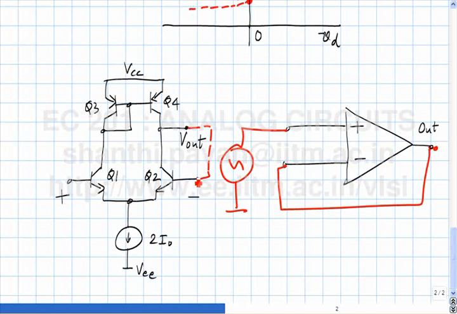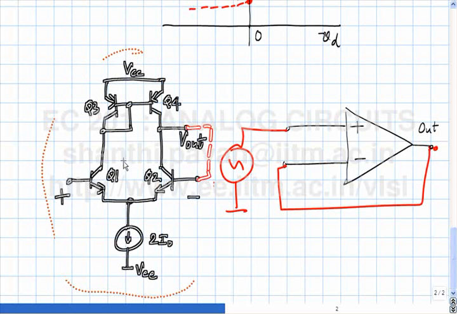Right? The output gets connected to the negative terminal. We identified this as the output, this is the negative terminal, so connecting the two should give me a unity gain follower. Alright? Okay, so does this work as a unity gain follower, or is there a problem?